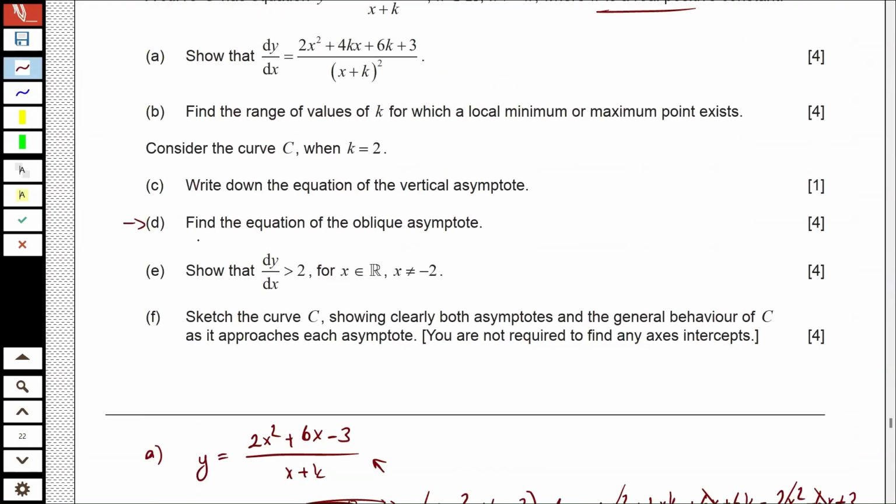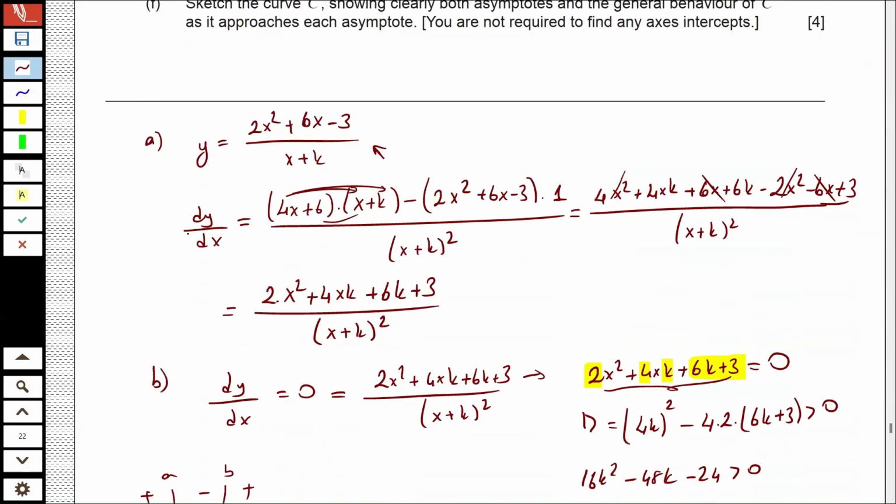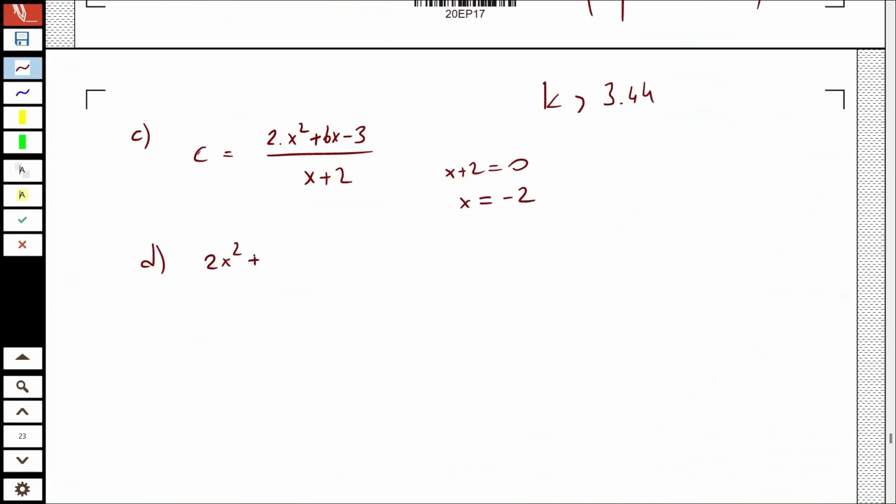And question D, find the equation of the oblique asymptote. Dividing this quadratic by x + 2: there is 2x, and I'm multiplying by x + 2, giving 2x² + 4x. If we subtract, it is 2x − 3.